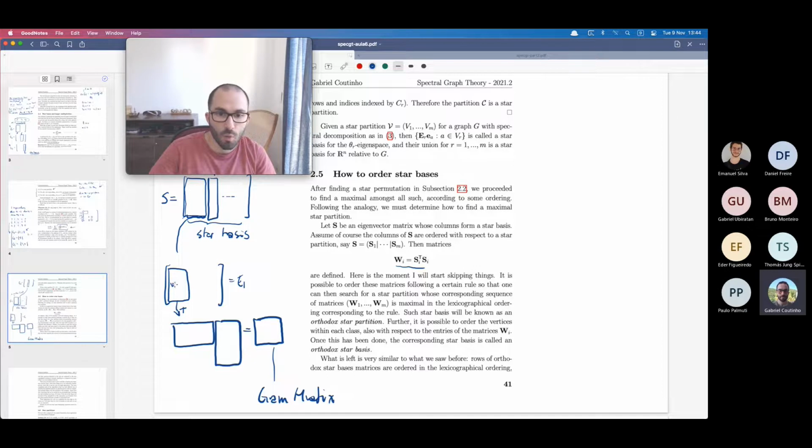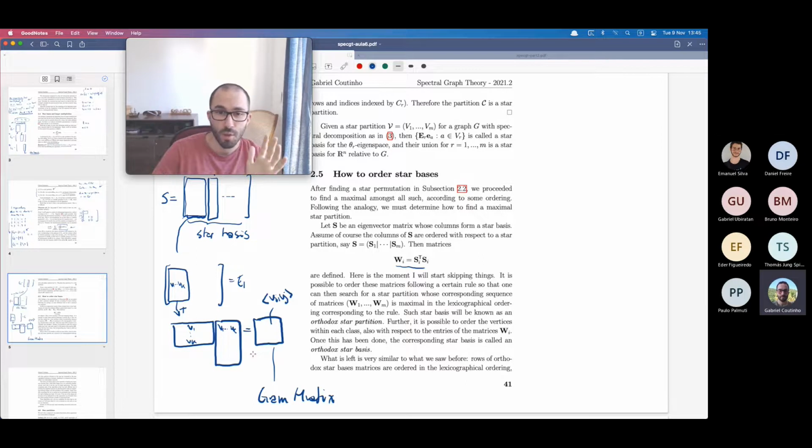So if here I have V1 all the way up to Vk, and here I have V1 all the way up to Vk, a given entry here is exactly the inner product of Vi and Vj. So this is called the Gram matrix of these vectors. And you can think of this as a symmetric matrix, which is the adjacency matrix of a weighted graph.